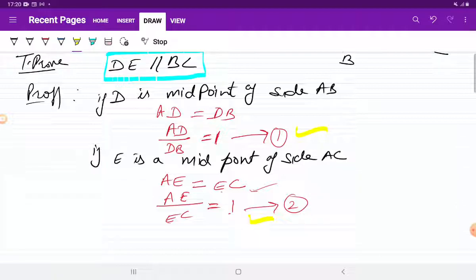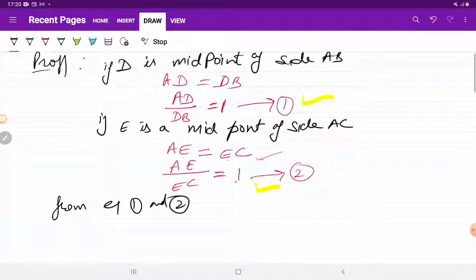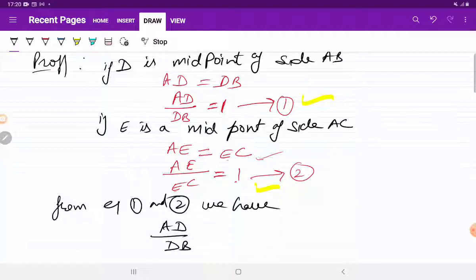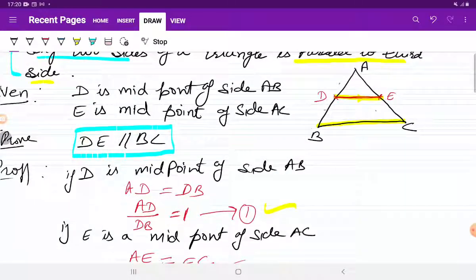So you can say that from equations 1 and 2, we have AD upon DB is equal to what? Left side of this one, AE upon EC. Coming to the diagram, AD upon DB is equal to AE upon EC.